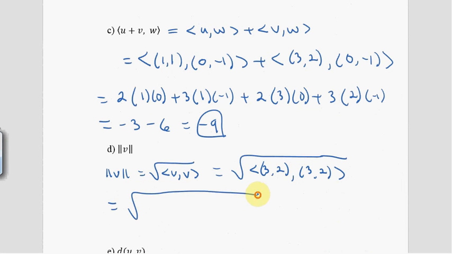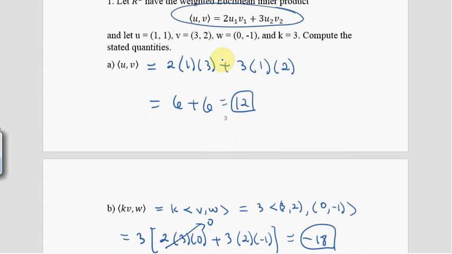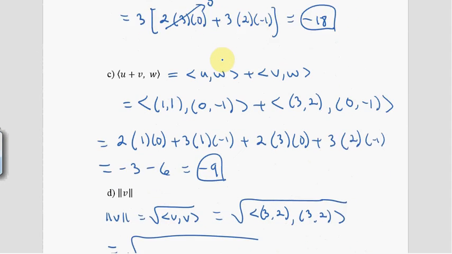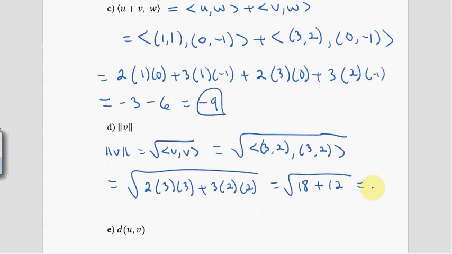So this is the square root of, here I use that same given weighted inner product, so it's going to be 2 times the product of the first components. So this is 2 times 3 times 3 plus 3 times 2 times 2. So this is here 18 plus 12, we get the square root of 30.